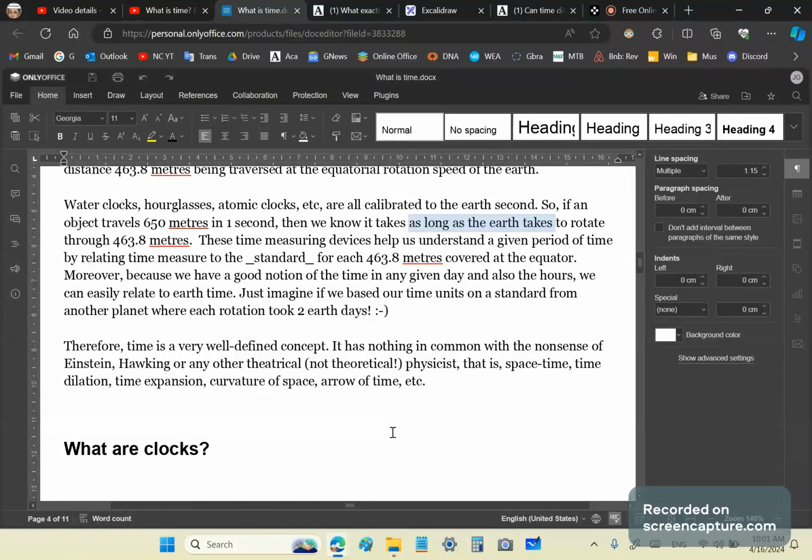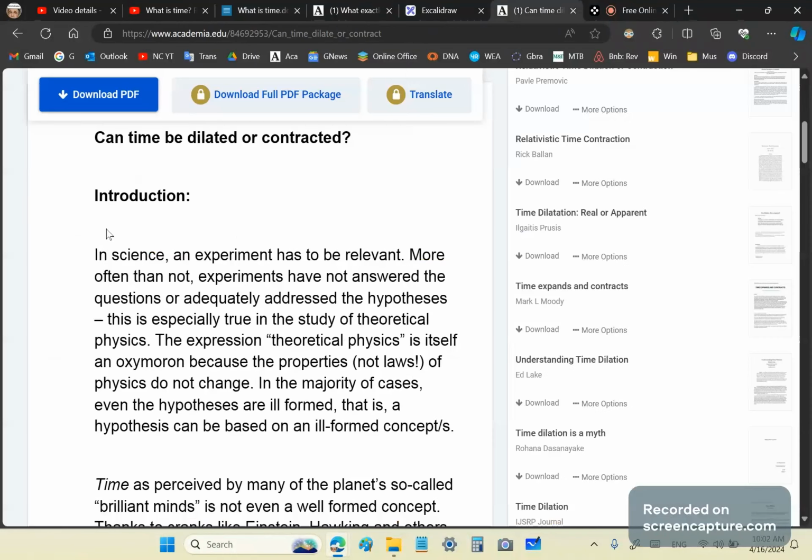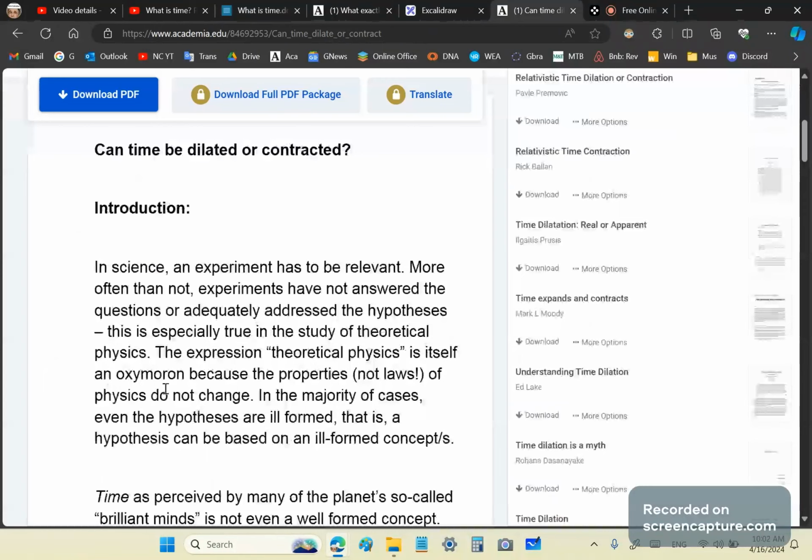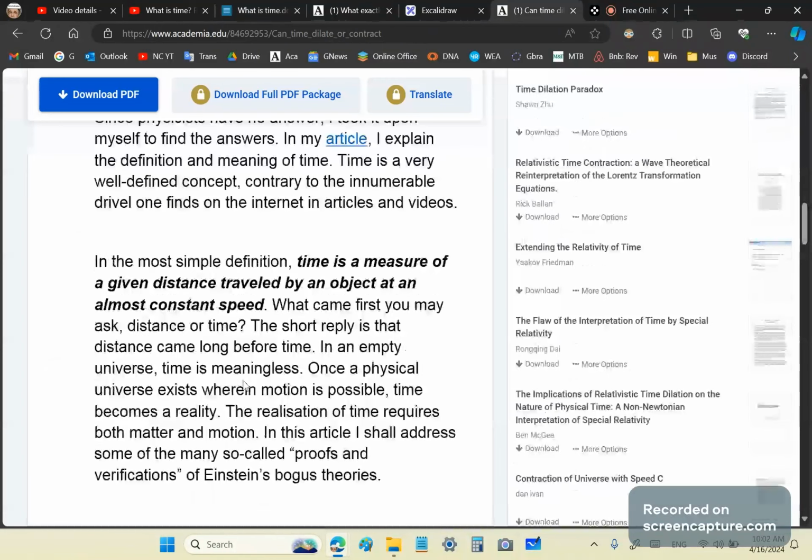It has nothing to do with the nonsense of Einstein, Hawking, or any other theatrical physicist: space time, time dilation, time expansion, curvature of space and time, arrow of time. I'm going to discuss whether time can be dilated or contracted, and I'm going to explain the anomalies that Einstein noticed. By the way, it's not going to be in this video, but in a future video.